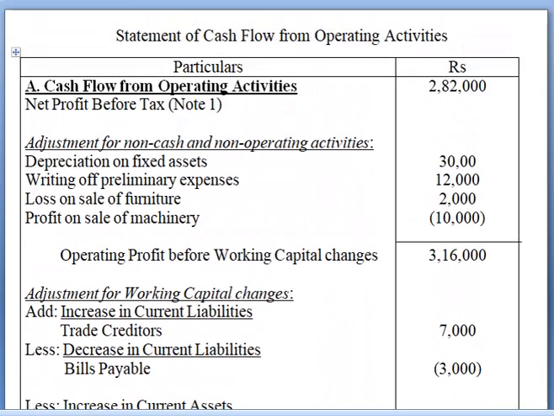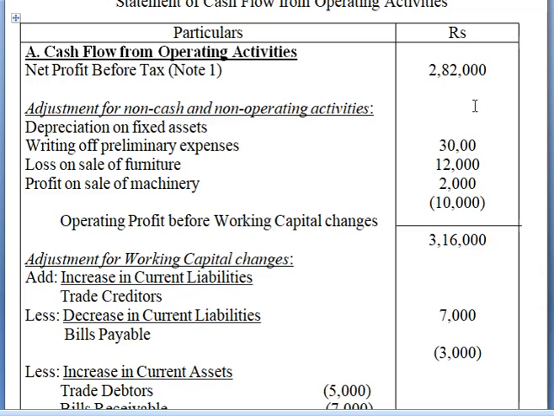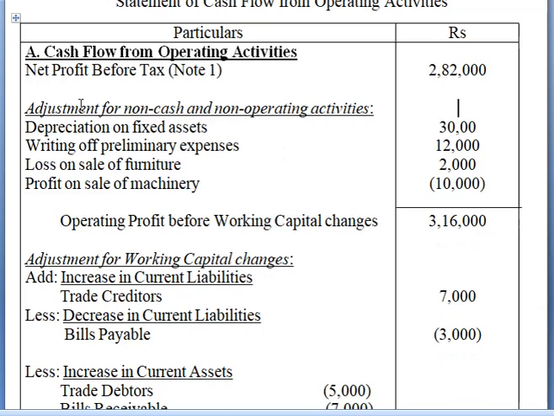So let us begin. After writing this 2,82,000, we have to do the adjustment for non-cash and non-operating activities. So non-cash and non-operating activities are here. This depreciation on fixed assets is a non-cash activity, because whenever you subtract depreciation from profit, no cash goes out. And the same happens for the preliminary expenses also.